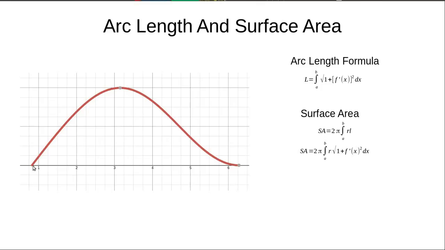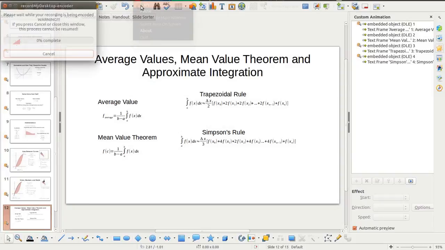And then surface area is the same thing. So your L is your lateral surface area of your figure, and your R is how far away from the axis of rotation you are. So if you want to rotate around the x-axis in this case, you would want to take your arc length, and it would be easier to do if it were broken up.